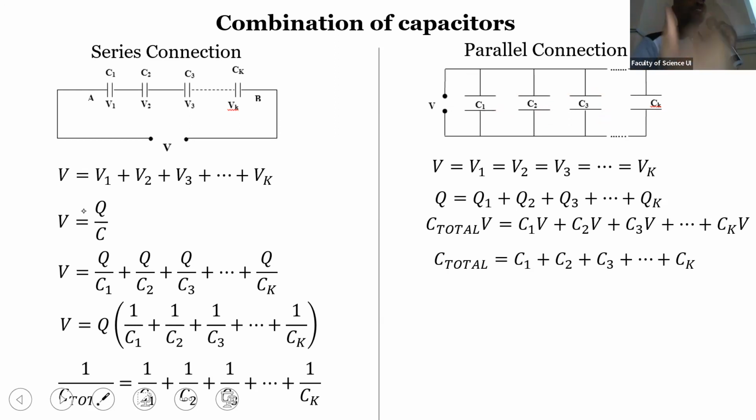What we mean by series is that the positive of one is connected to the negative of the other, and they form a straight channel. While in parallel, all the positives are connected to a common conductor, while the negative terminals are connected to also a common conductor.